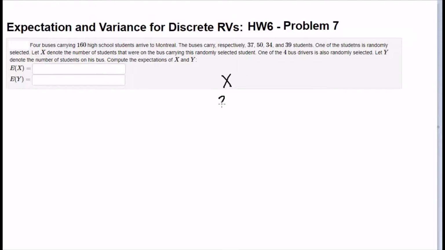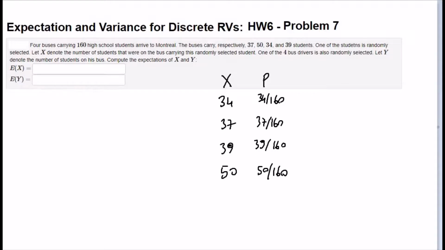So we have 34, 37, 39, and 50 students in each bus. And the probability of this is 34 out of 160, and the probability of this is 37 out of 160. Similarly, 39 out of 160 and 50 out of 160. And by the definition of expectation, x times p will give us the expectation.